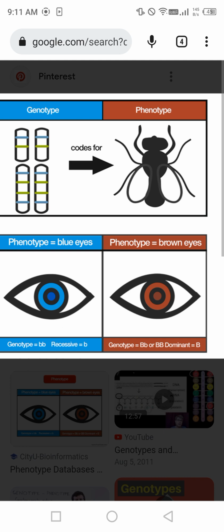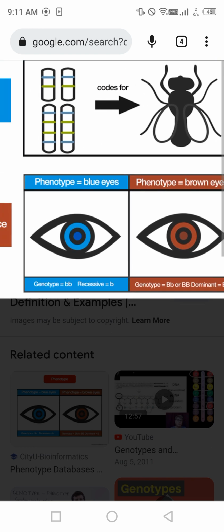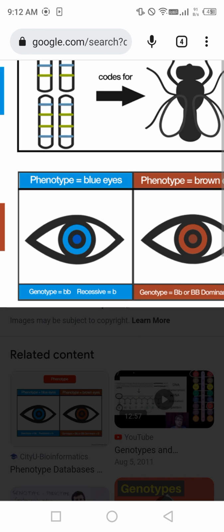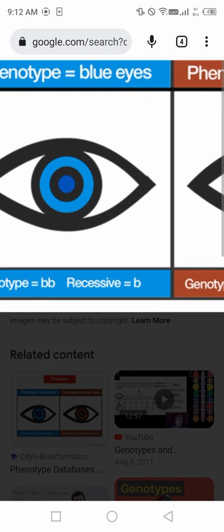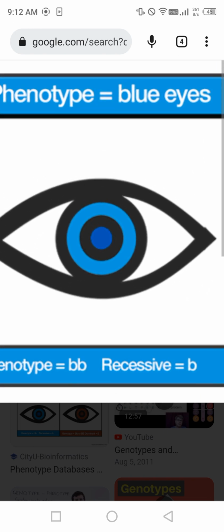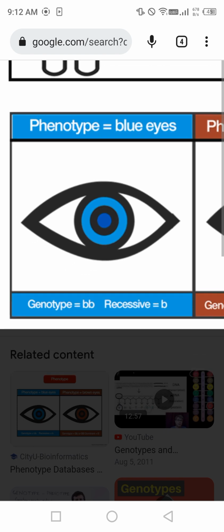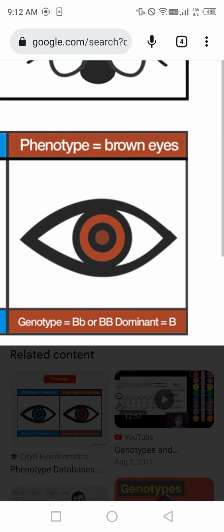Now if we have blue eyes or brown eyes, it also depends upon our genes. Like if we have the genotype bb in small letters, recessive, then we have bluish eyes, that is the phenotype, actually based on genes, so it got blue eyes. Similarly here, it got brown eyes.